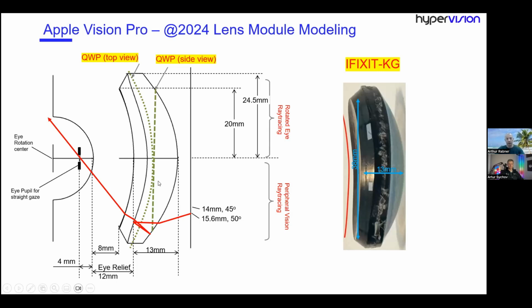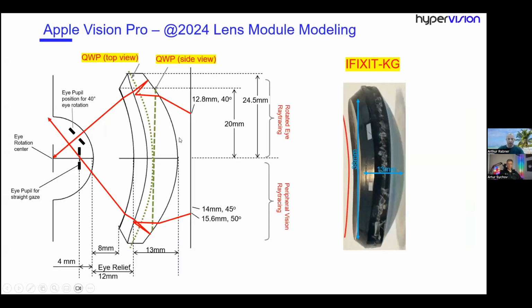We want to rotate our eyes to the place of stimulation. Like here, you see the pupil is now in a new position. And so rotational visual simulation is different from peripheral. And usually it's right to optimize the lens for rotational gaze, not for peripheral.